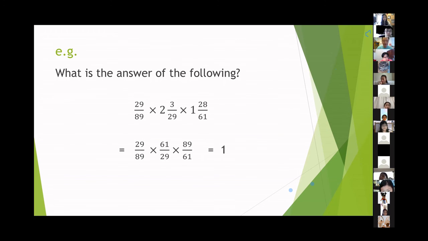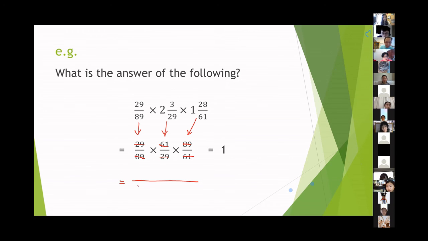Right? When you change these numbers into improper fractions, you can see 89, 89 cancel out. 29, 29 cancel out. 61, 61 cancel out. If you are not canceling out first, actually you will get this number, 89 times 29 times 61.